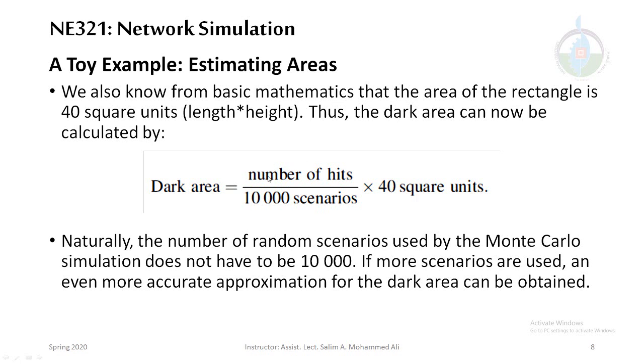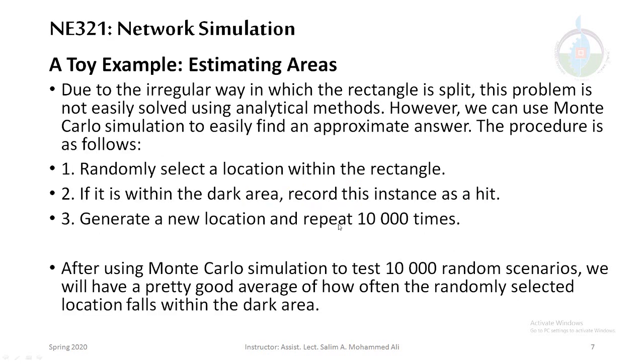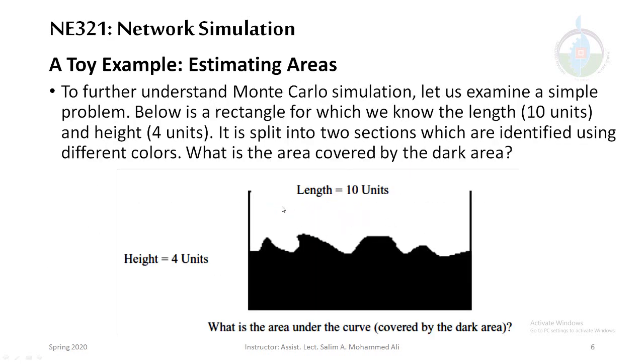This is approximately the ratio of the dark area. By dividing the number of dark samples by the total number, we are finding the ratio of the dark area, because, don't forget, we are using random sampling. Each time the sample is in a different position. It's not a linear distribution or something else.